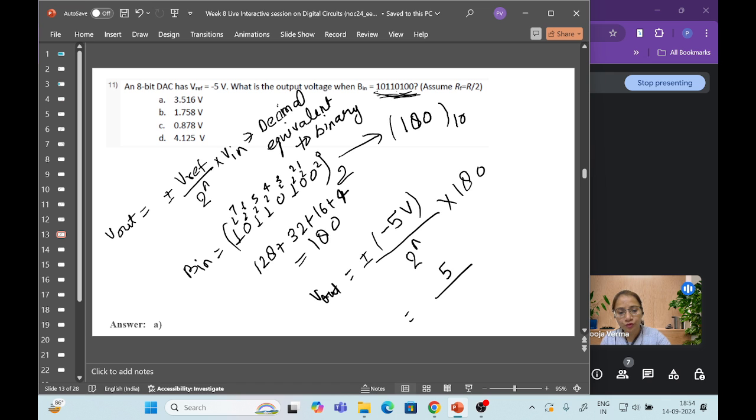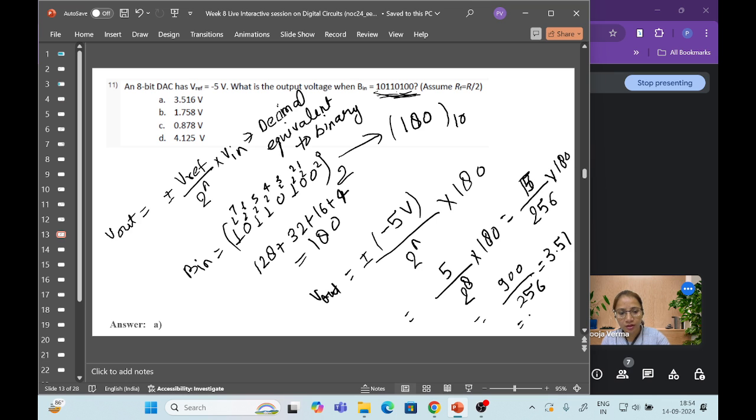So 5 divided by 2 to the power 8 into 180. 2 to the power 8 is 256, right? If you multiply, you will get 900 by 256. If you divide it, you will get 3.51.